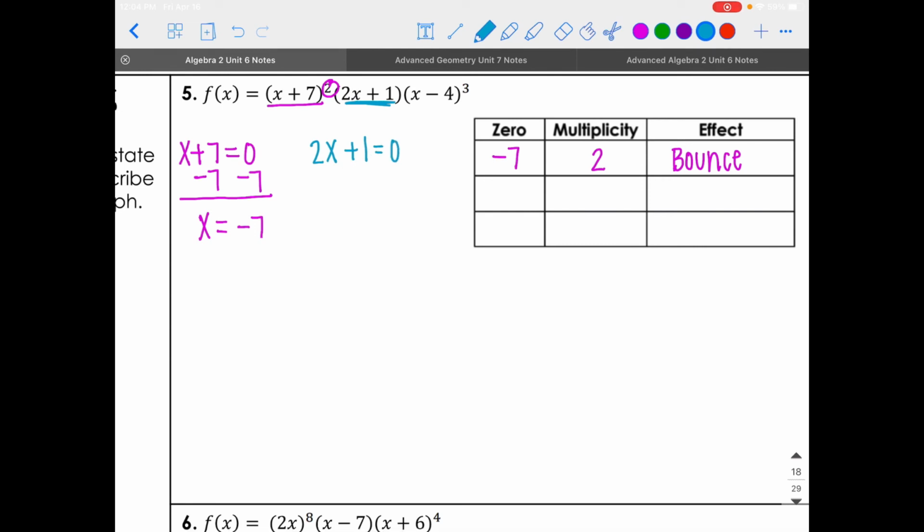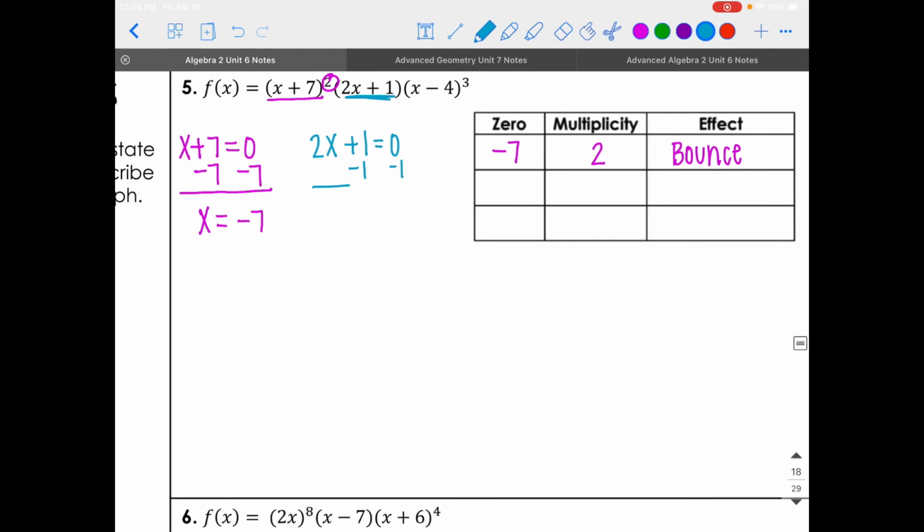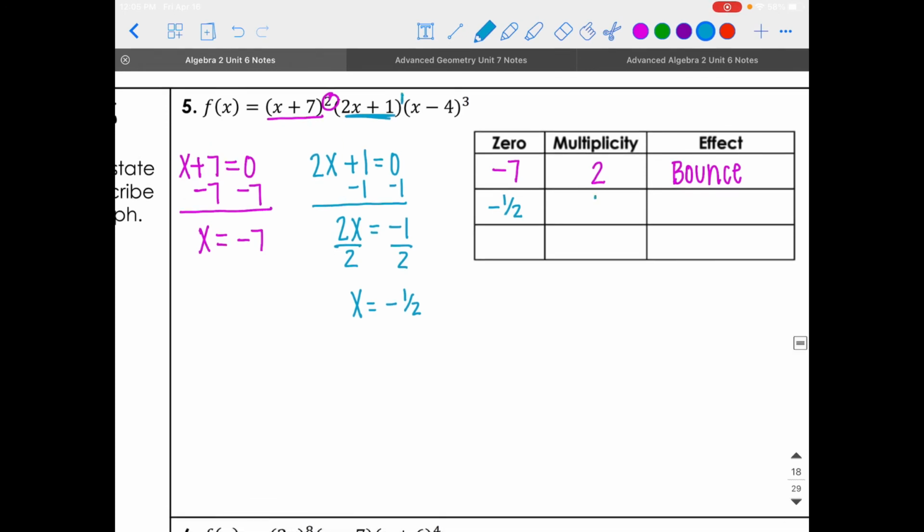All right, 2x plus 1 equals 0. If we subtract 1 from both sides, we get 2x equals -1. And then we divide by 2. So x equals -1/2, or you can put -0.5, either way. That one does not have an exponent, so we assume it's 1. Multiplicity is 1.